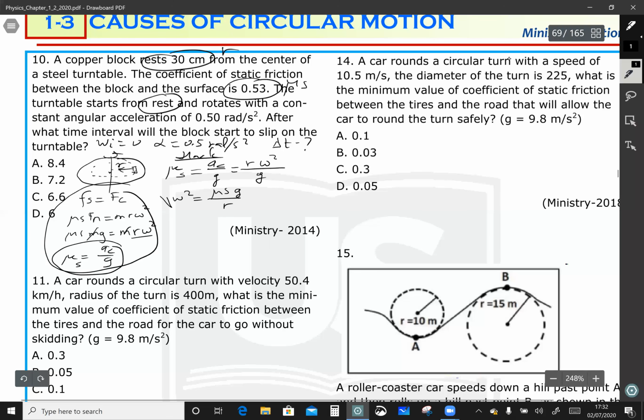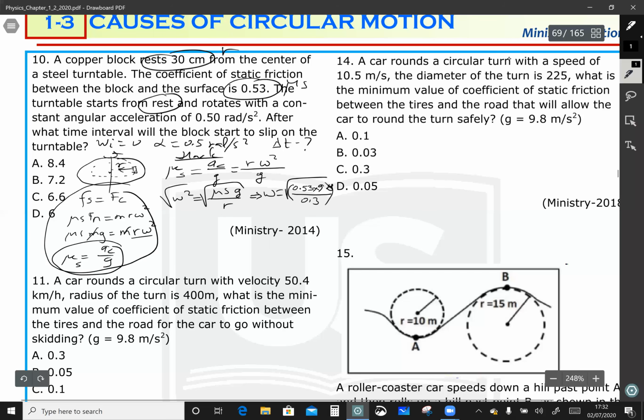After that, you take the square root of both sides of the equation. You will get omega equal to the root of mu s, which is 0.53, multiplied by g, 9.81, divided by r, which is 30 centimeters, 0.3.